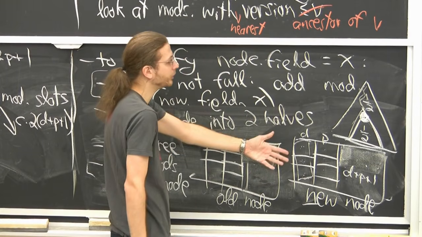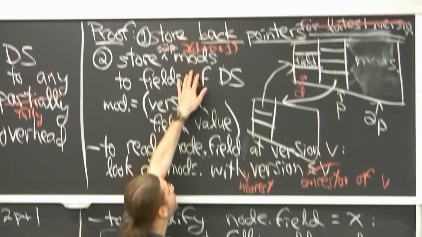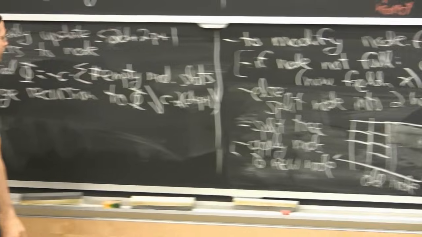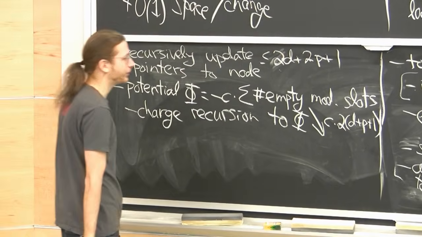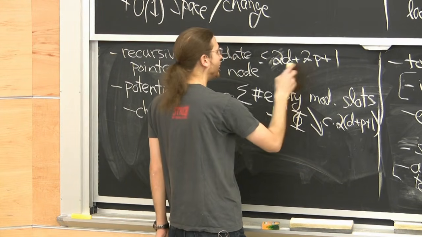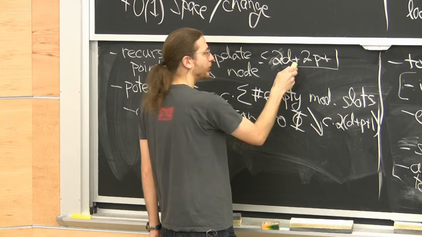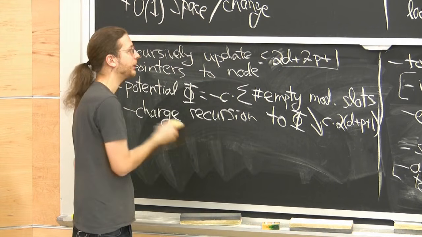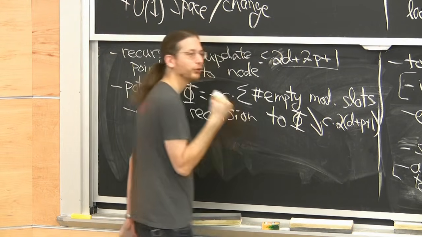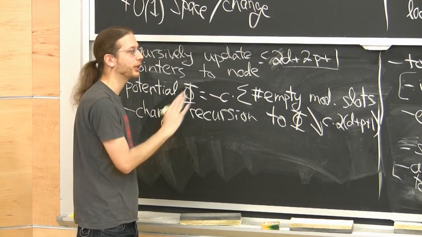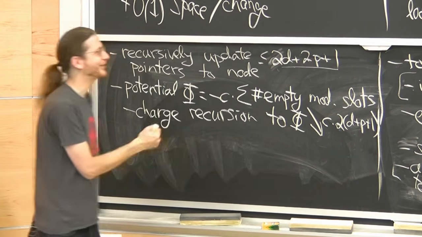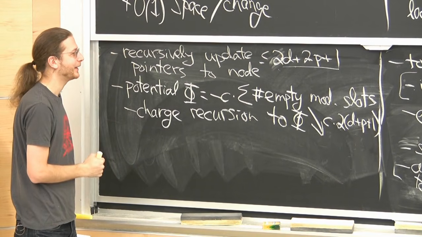I mean, we added one whole new node, and the total capacity of a node in mods is 2 times D plus P plus 1. So we get that times C. And this is basically just enough, because this is 2 times D plus 2 times P plus 2, and here we have a plus 1. And so the recursion gets annihilated by 2 times D plus 2 times P plus 1. And then there's 1 C left over to absorb whatever constant cost there was to do all this other work. So I got the constants just to work.